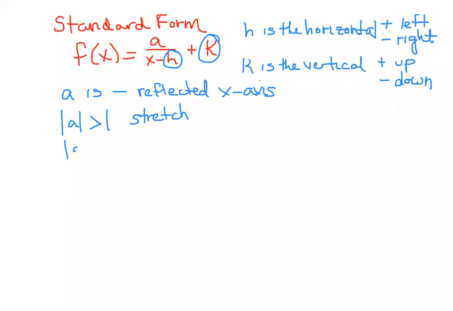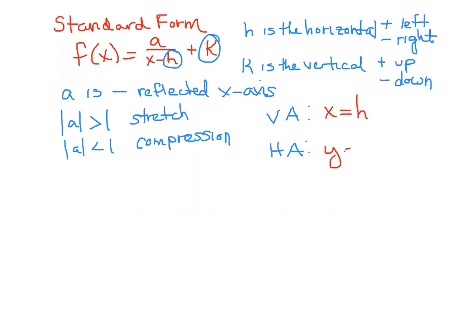And if the absolute value is less than 1, then it is a vertical compression. And the asymptotes, we've got a vertical asymptote and we have a horizontal asymptote. And the vertical asymptote is going to be x equals h, and the horizontal asymptote is y equals k. Those are the asymptotes of the standard form.